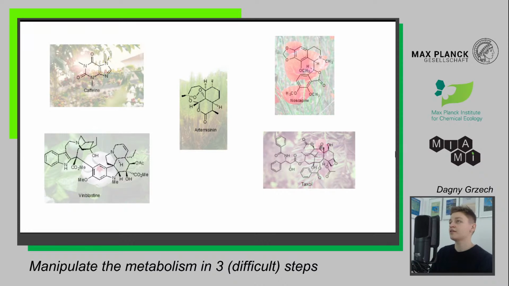And then the last compound right here is noscapine, which comes from poppy plants. And noscapine is actually the compound that I am going to focus on in the further part of my talk. So this is kind of a case study we're going to use to illustrate how the manipulation of plant secondary metabolism is done.